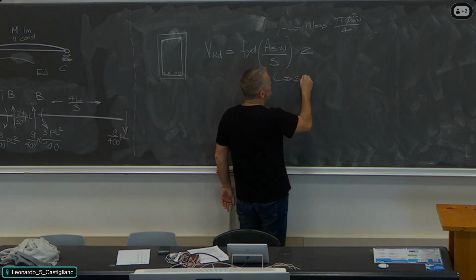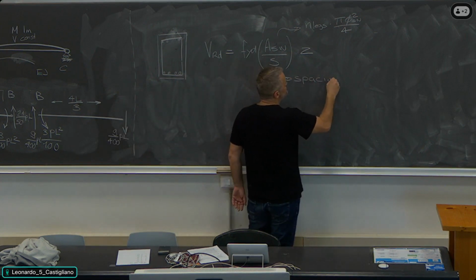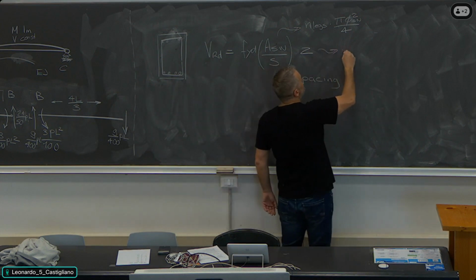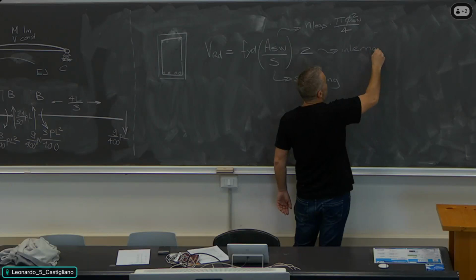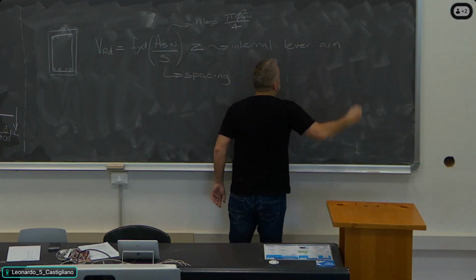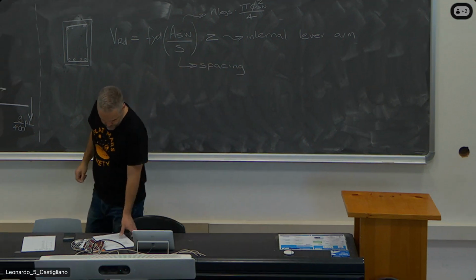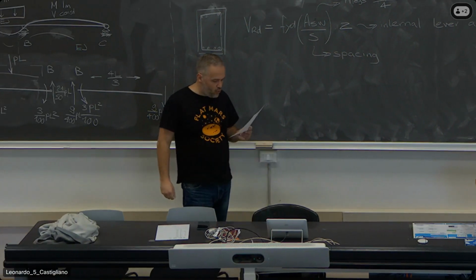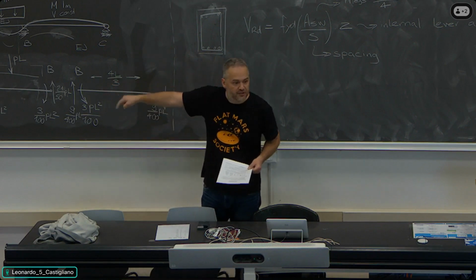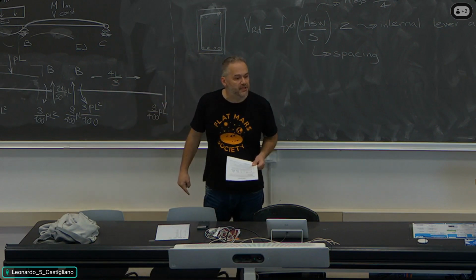This is the spacing, and this is the internal lever arm. Again, the one for bending. Now, we are at point A, to the left. Do we know the longitudinal reinforcement at point A?